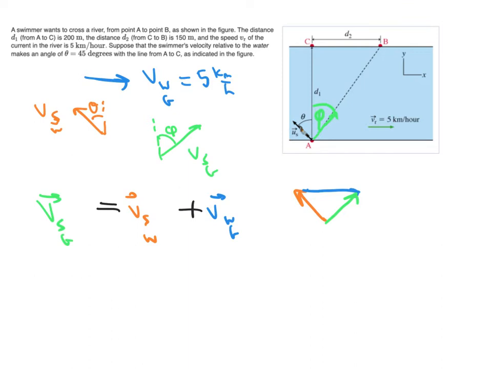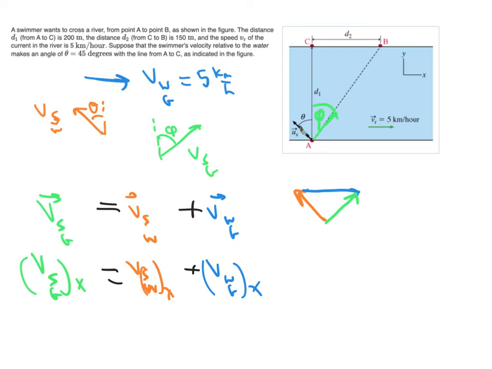So you could do some relatively complicated geometry and laws of sines and cosines. I'm going to do it a different way. Because this equation is true, it applies separately to each of the components. So v of the swimmer with respect to the ground in my x direction is v of the swimmer with respect to the water in the x direction plus the velocity of the water with respect to the ground in the x direction.